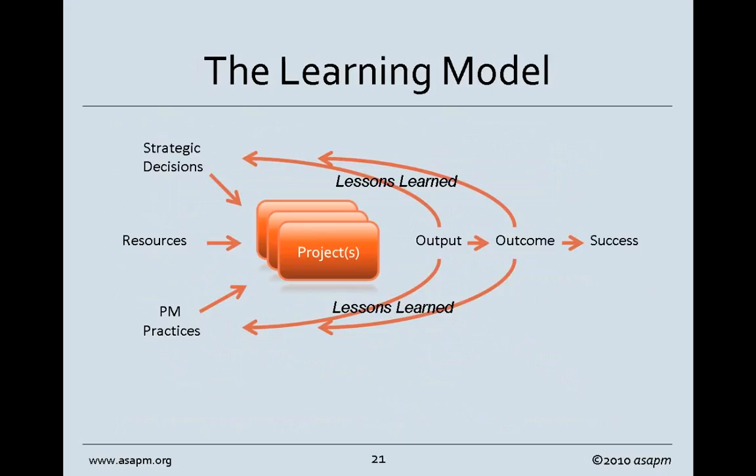If you think about a project or multiple projects as having things going into it, strategic decisions that feed the selection, the resources, and the PM practices that make the projects happen, and then out of that comes an output, right? A database, let's say. A database is the output of a project.